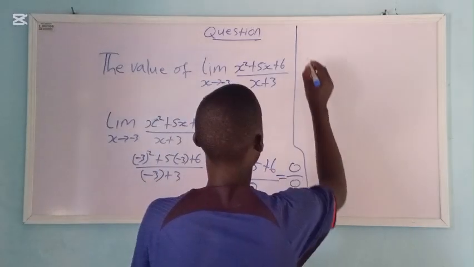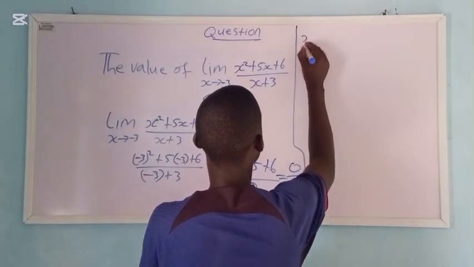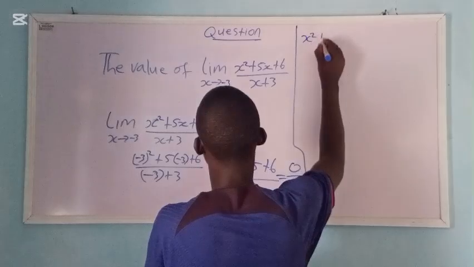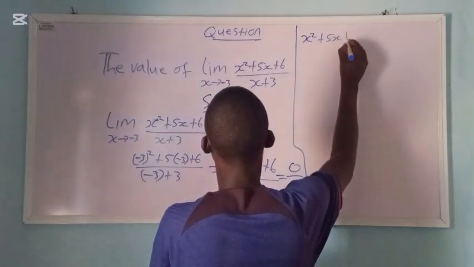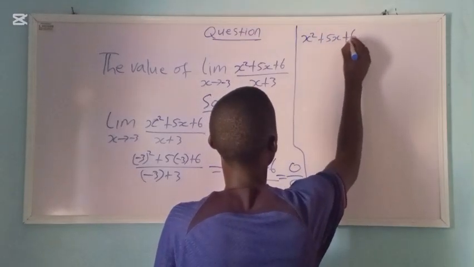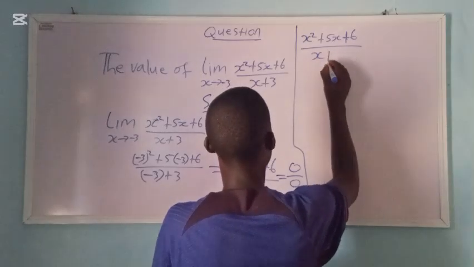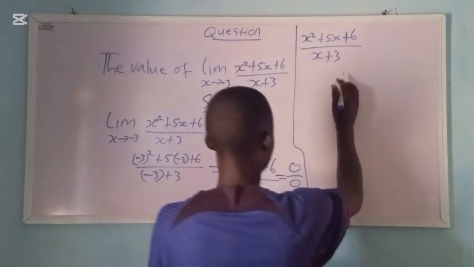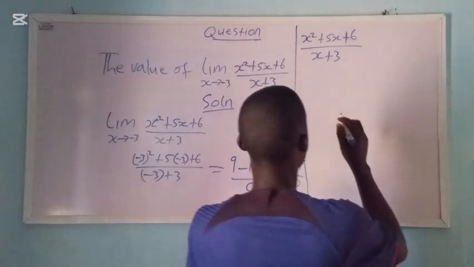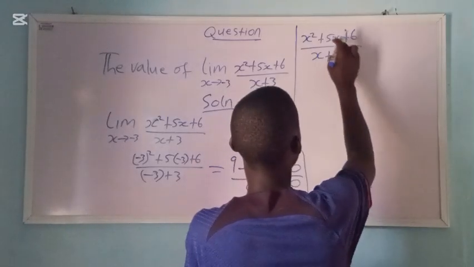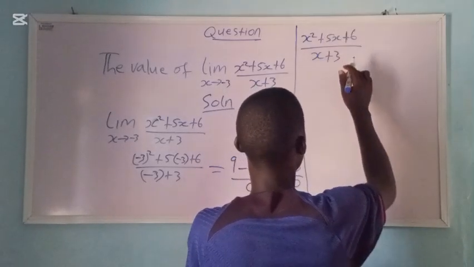So now what we need to do here is let's break this question down. Let's see x squared plus 5x plus 6 all over x plus 3. So now let's see whether we can break it down. This upper place we can break it down.